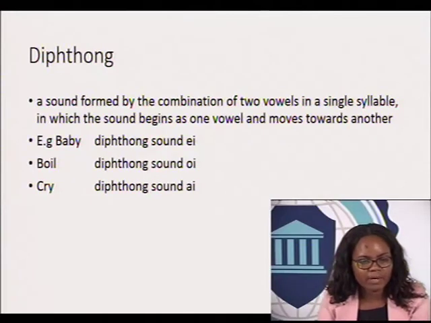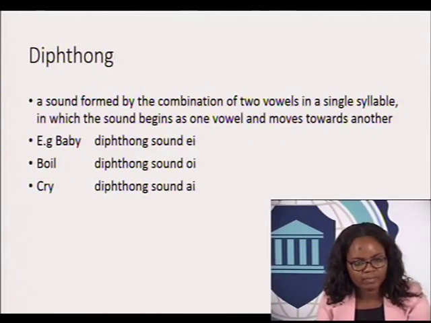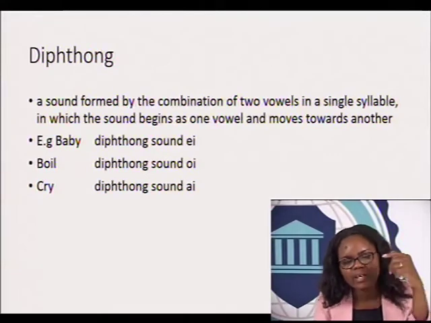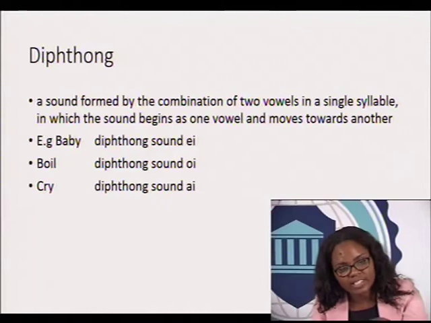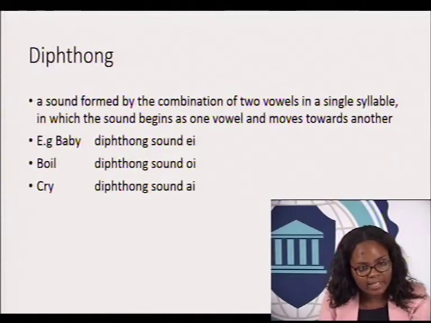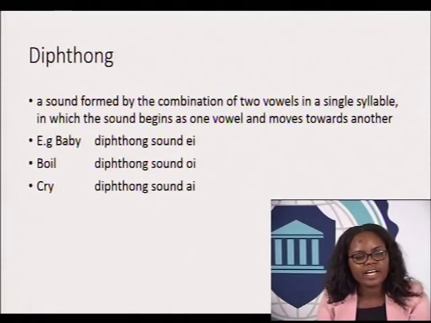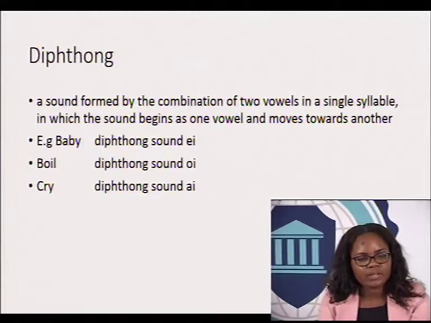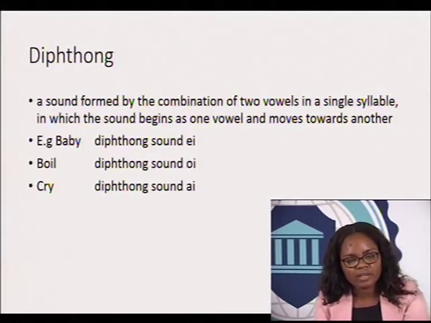The next example is boil. Remember, you are looking at the vowel sound and not just the vowel itself. In that example, boil, there are two vowels, but the sound is only of a diphthong. The sound in boil is oi.